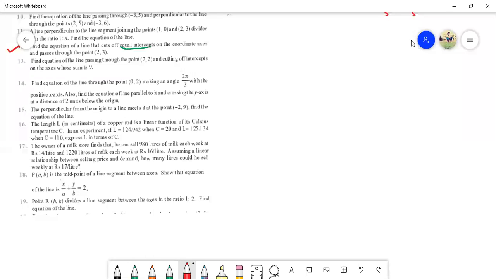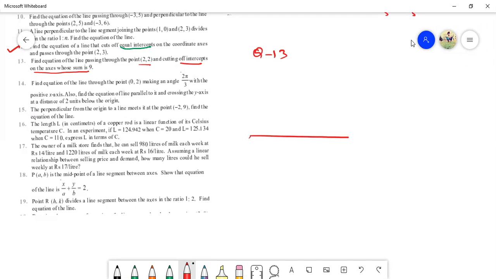Question number 13. Again, find the equation of the line passing through the point, which cuts off intercepts on the axes whose sum is 9. So the relation between the intercepts is given. This is also the same thing that we did in the previous one, intercept form.